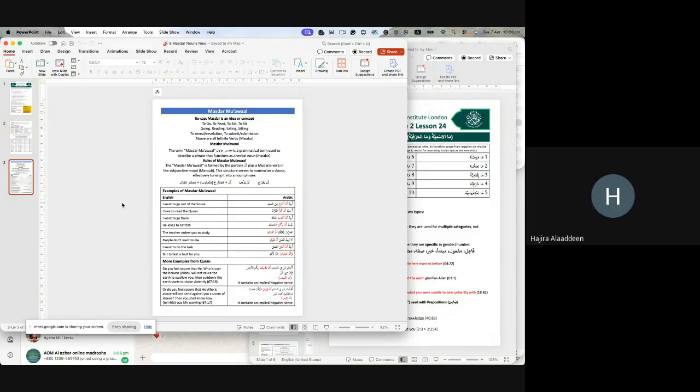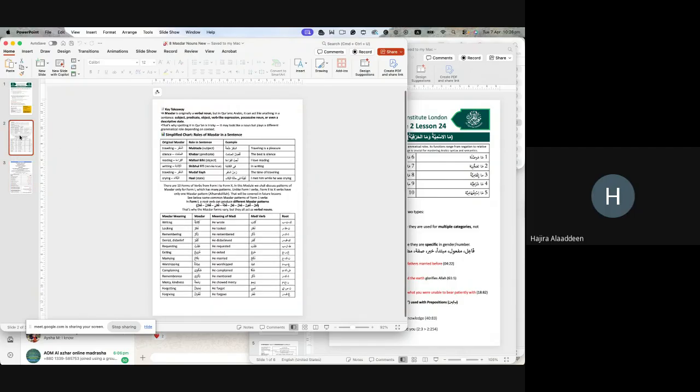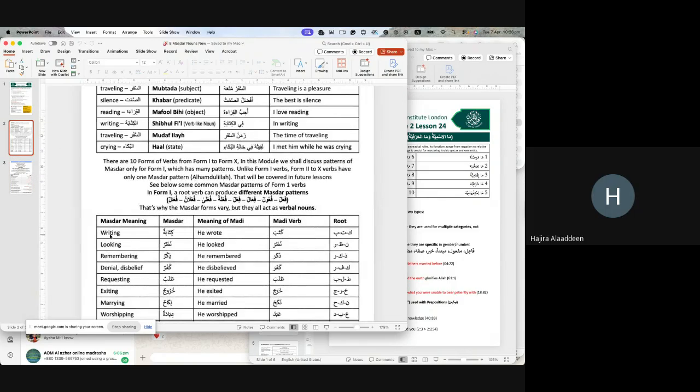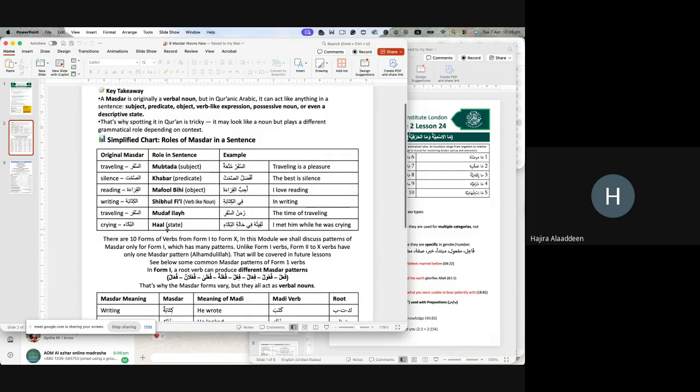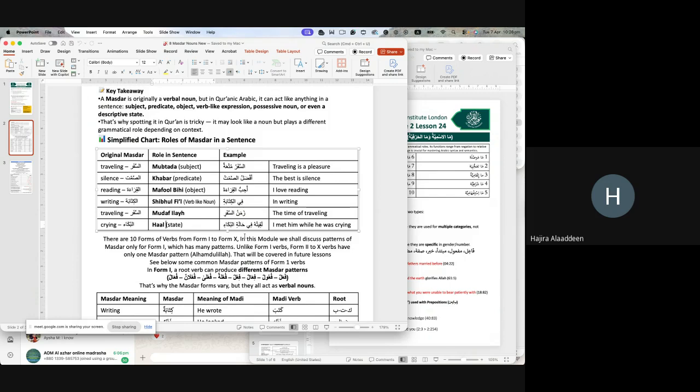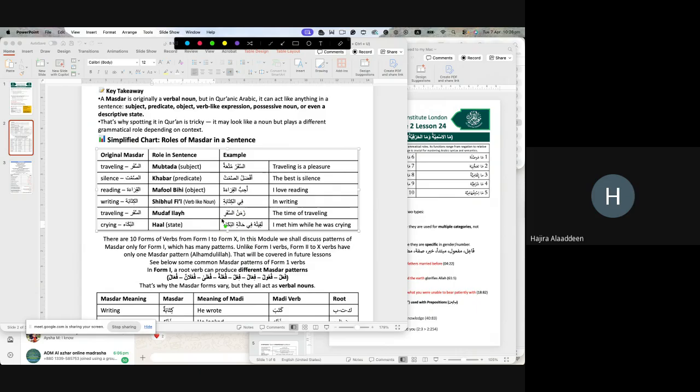In the second page, if you see the chart where we have all the roles played by the Masdar, in the last example, crying as a hal, didn't we learn in the previous chapter that the hal will always be a nakira ism? This is a compound here. Halatul bukai. So it's together.